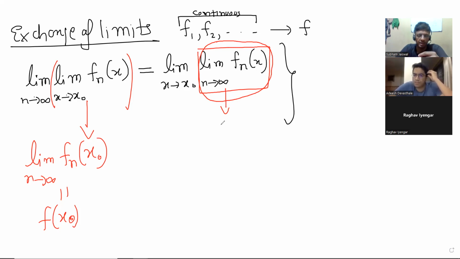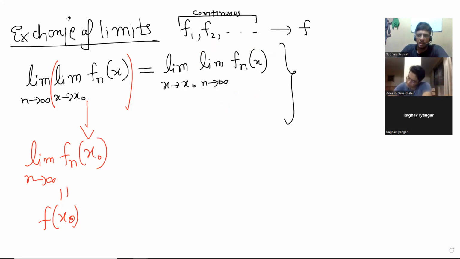For every x you take the limit, it becomes something, and for every x it becomes a function of x. Then you can take the limit of that. I'm just saying how each side makes sense. Equality we will see. Raghav, if you follow, then you can try to break down the right hand side similarly. And if you don't follow, then you should tell us.